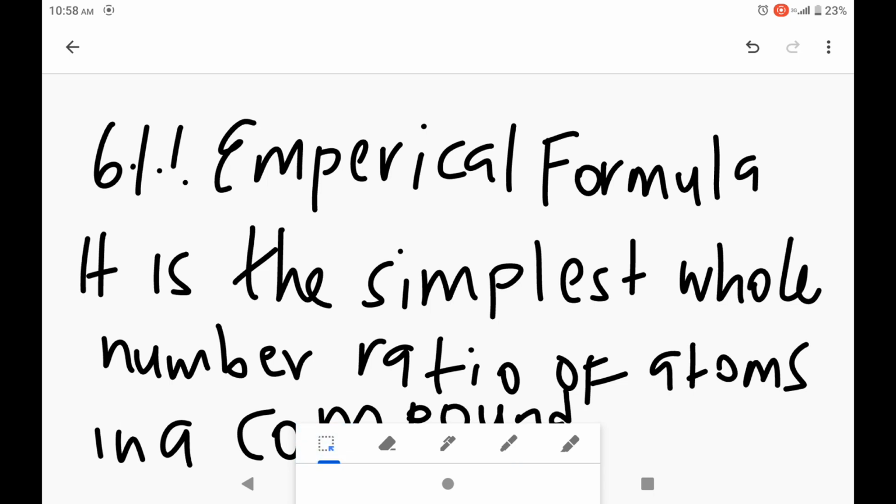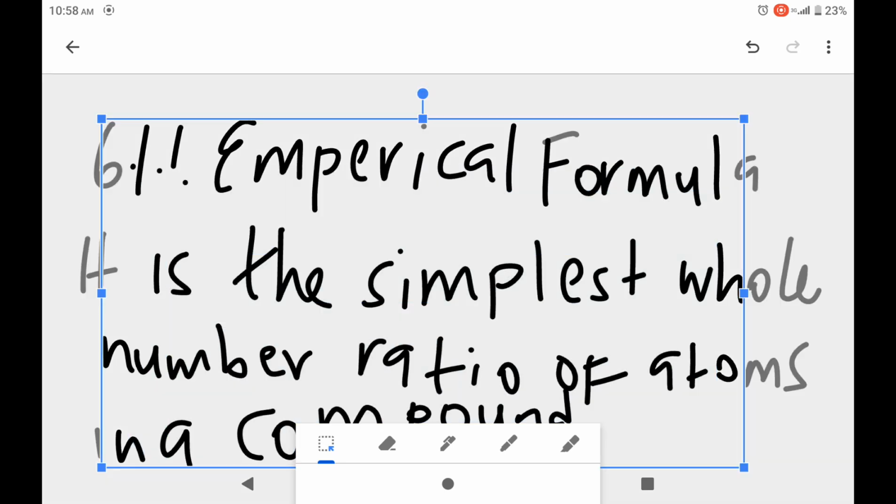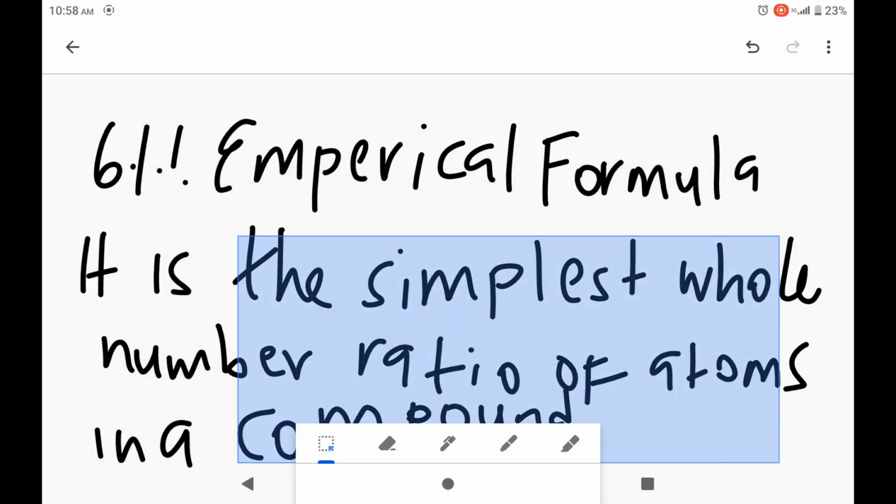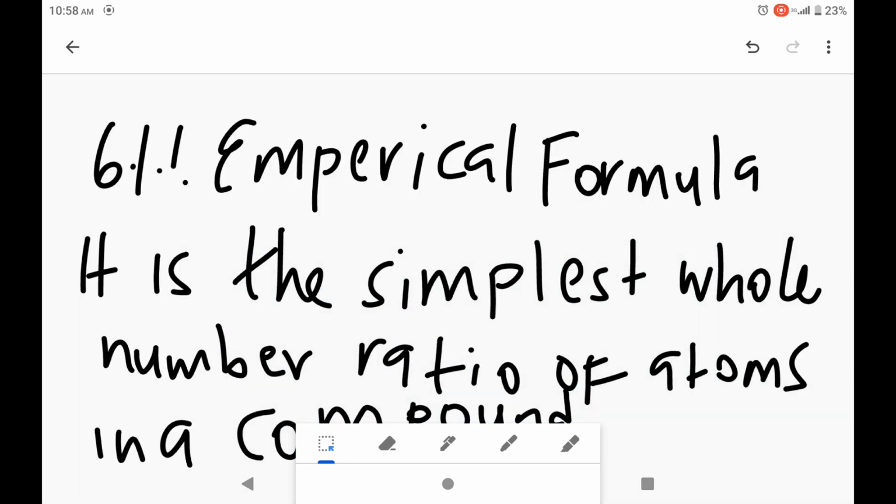You see, the simplest whole number ratio of atoms or elements or molecules in a compound.